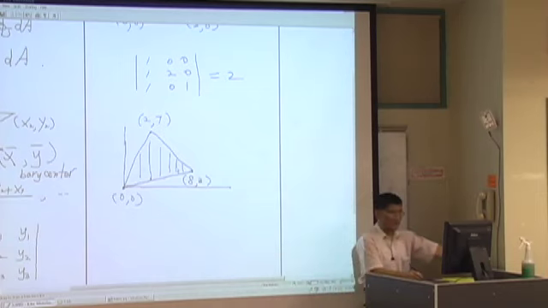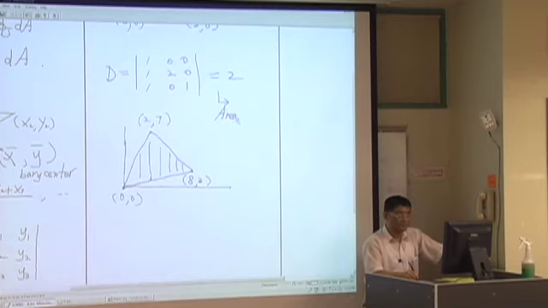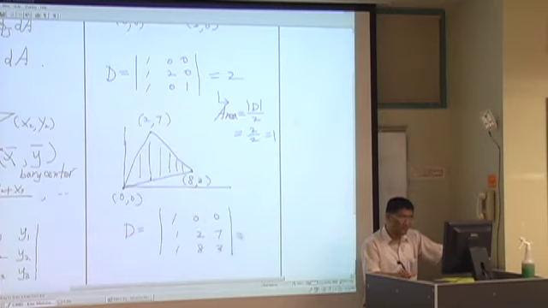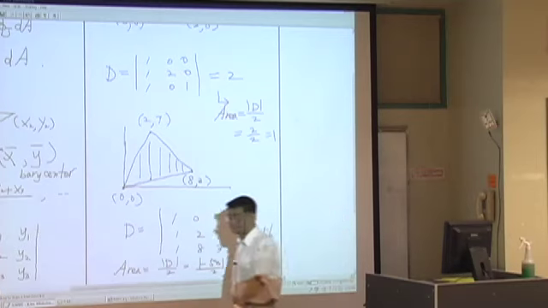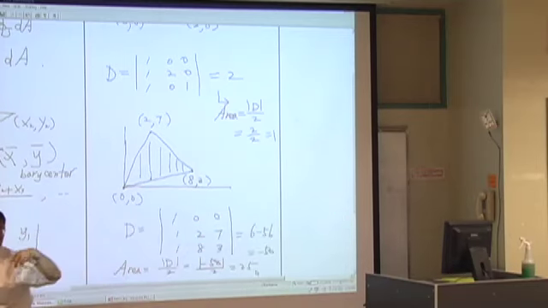I will show it. 25 is the area. So once you have a triangle, you can use it.